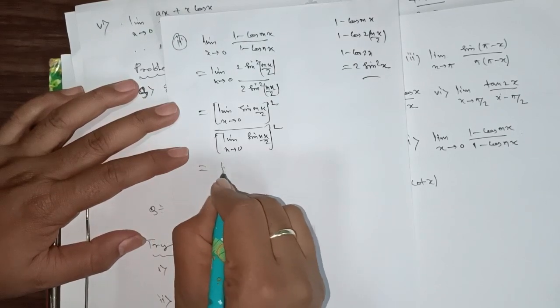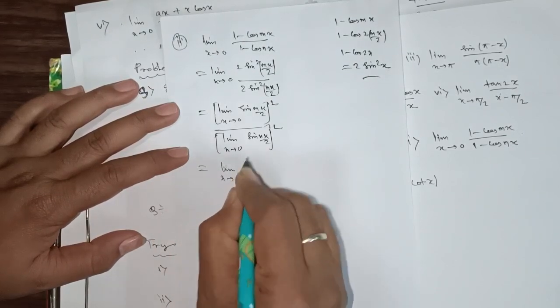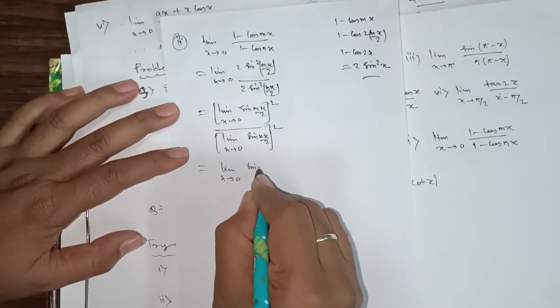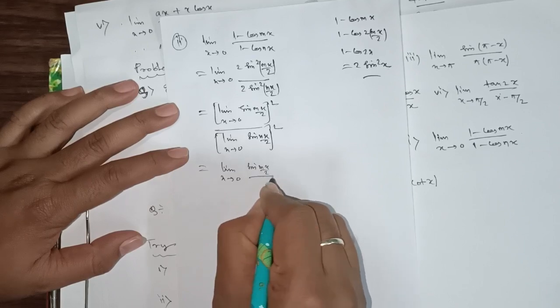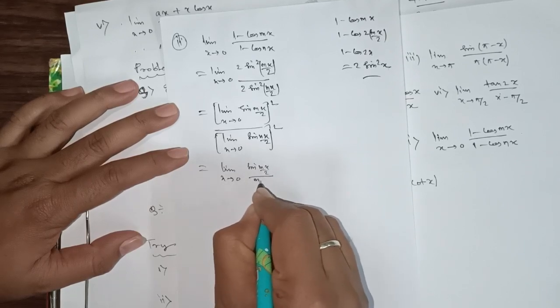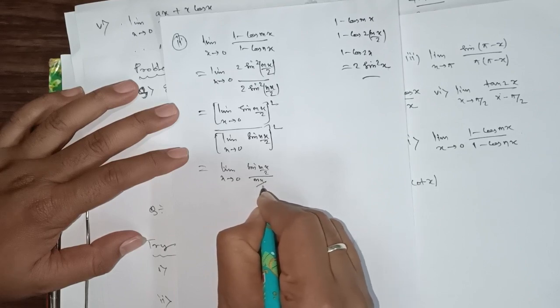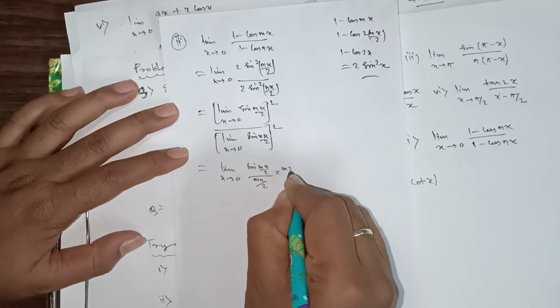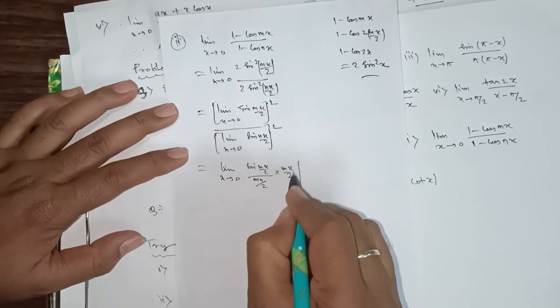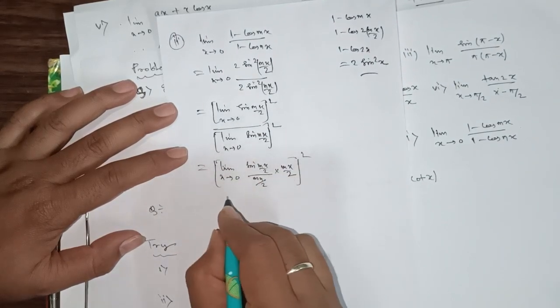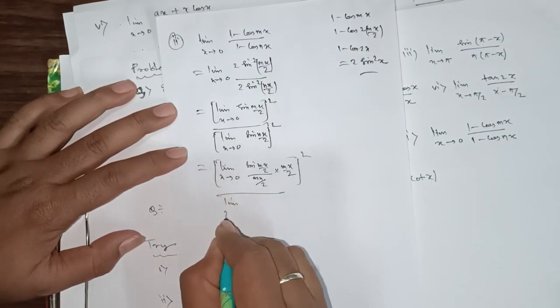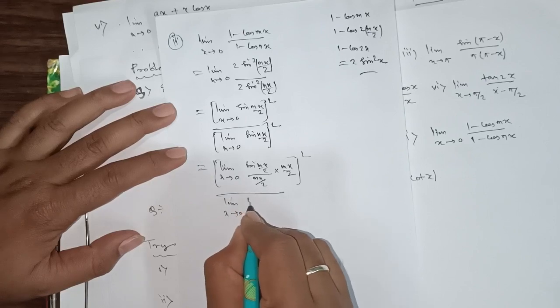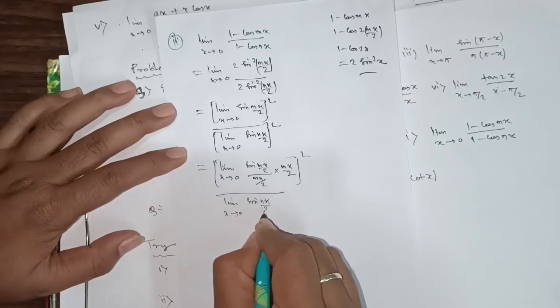Now in this we'll apply the normal concept, that is sine mx by 2. So we'll take mx by 2 and multiply by mx by 2. Similarly, in the denominator part also we'll do the same with sine nx by 2.